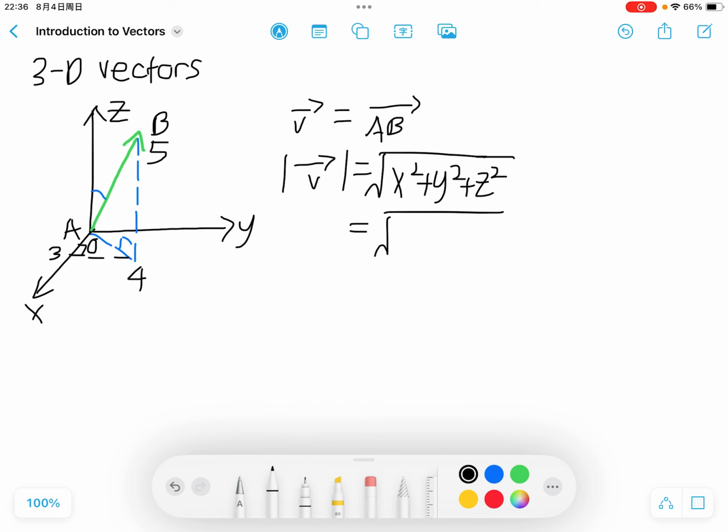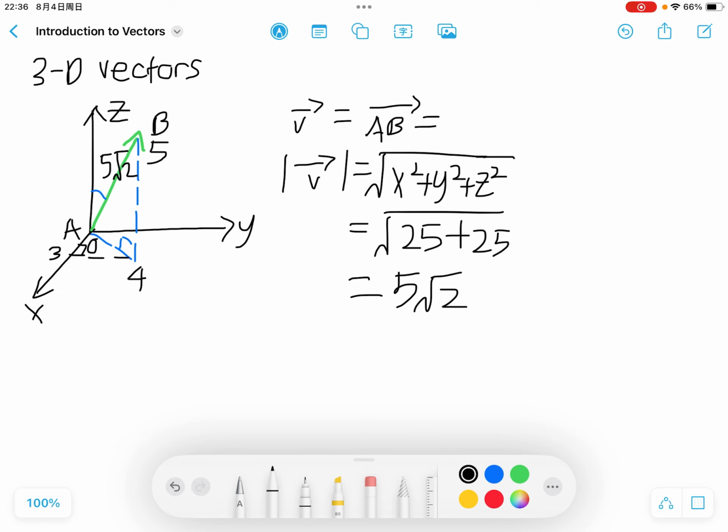If we plug the values in, we have 3 squared plus 4 squared, which is 25, and also 5 squared, which is 25. So that's root 50, which is 5 root 2. So AB is equal to 5 root 2. The magnitude of vector V or vector AB is equal to 5 root 2.